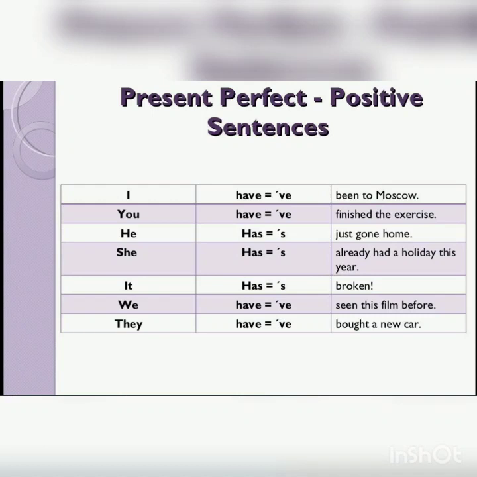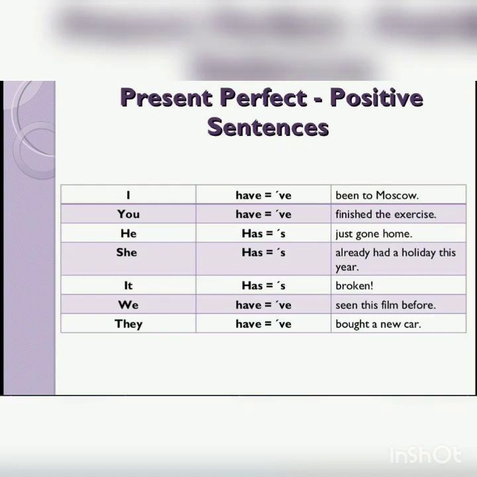Present perfect, positive sentence. I have been to Moscow, or in short, I've been to Moscow. They are the same in the meaning. You have finished the exercise, or you've finished the exercise. He has just gone home, or he's just gone home.